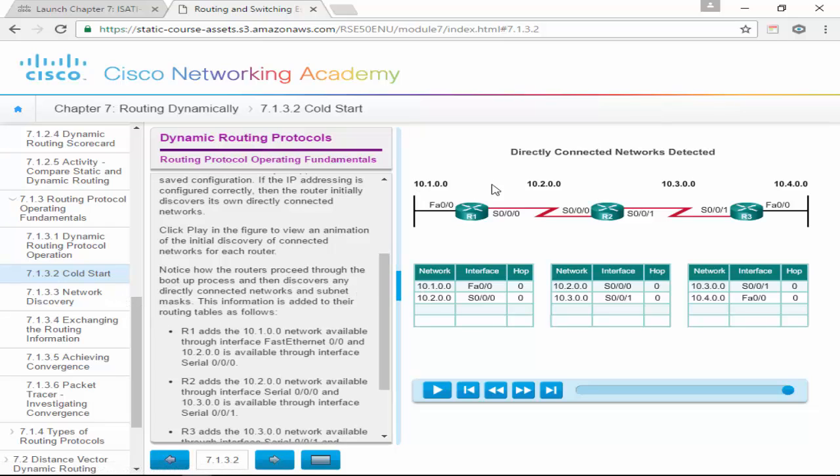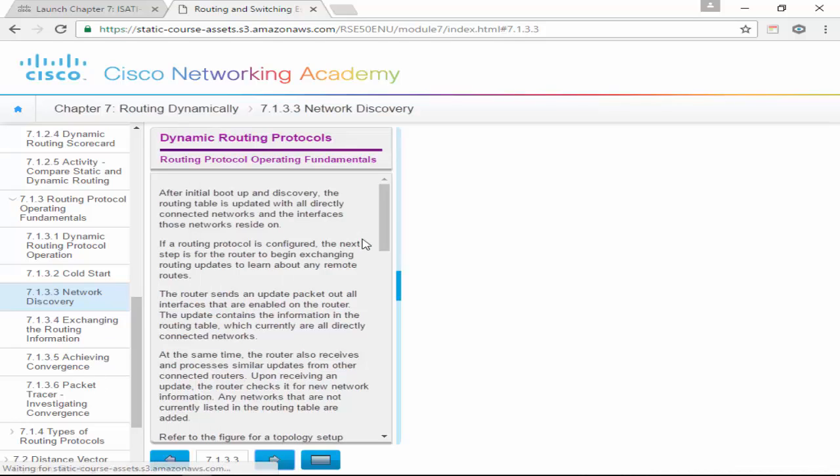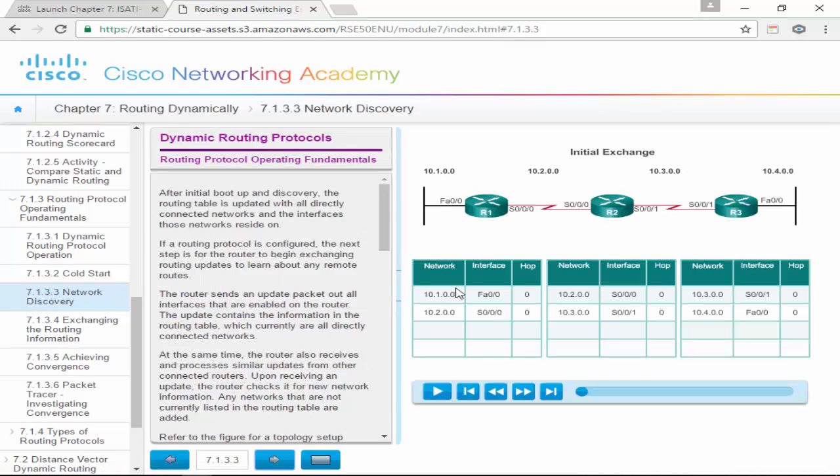In this one, what are they doing here? If you look, they're not doing any routing information. They're just learning their own interfaces, right? So then we have network discovery of other routers. So the updates are sent based on what we're directly connected to.